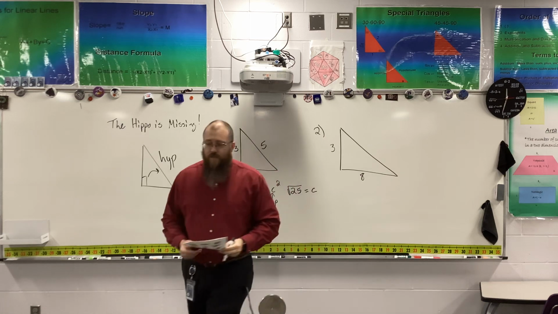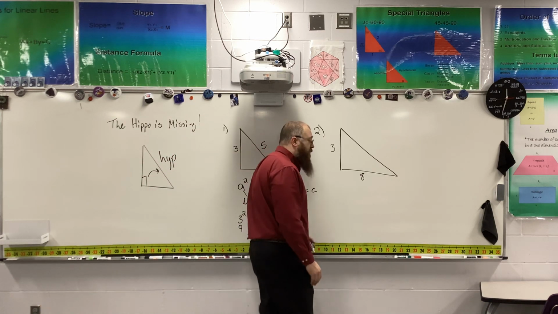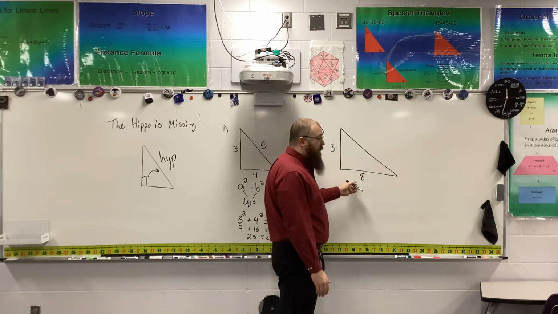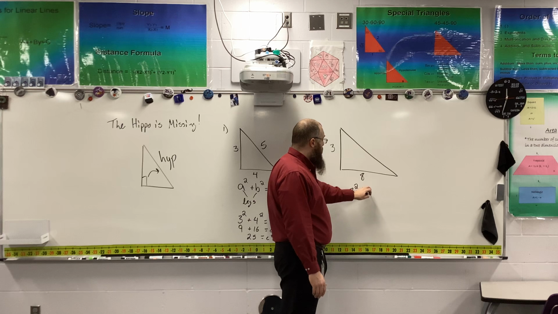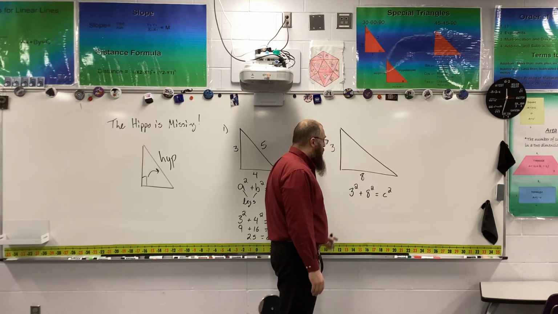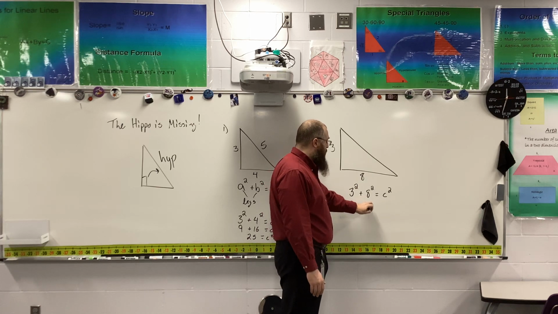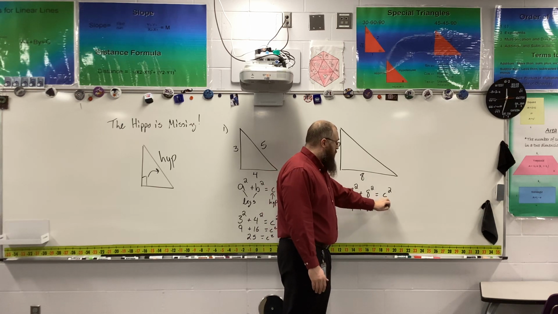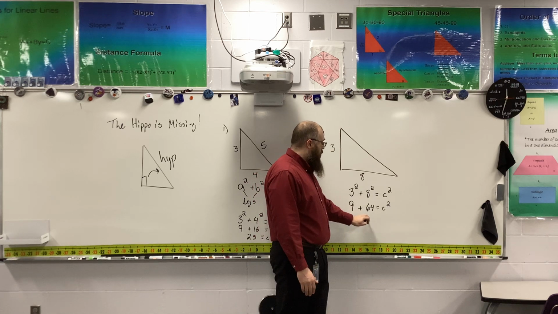Problem number 2 gives me 2 legs, 3 and 8, and again, the hippo is missing. So we're going to set up our Pythagorean theorem. 3 squared plus 8 squared equals c squared. 3 squared is 9, 8 squared is 64, equals c squared. 9 plus 64 is 73.